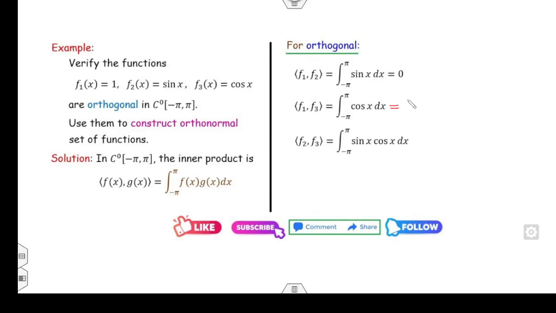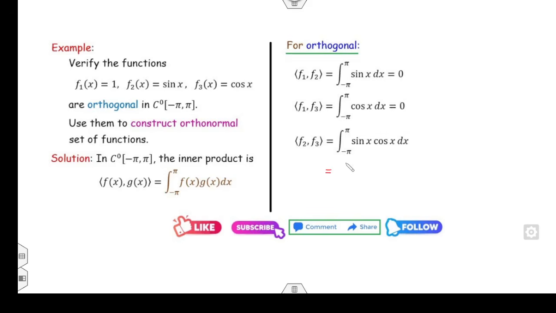Similarly, you can write the integration of cos x. It will be sin x from minus pi to plus pi. So that will be sine of pi minus sine of minus pi. Sine pi is 0, and sine of minus pi is also 0. So again it is 0.